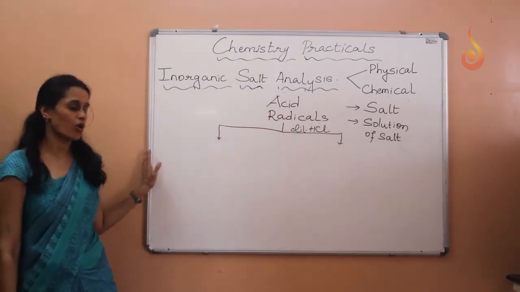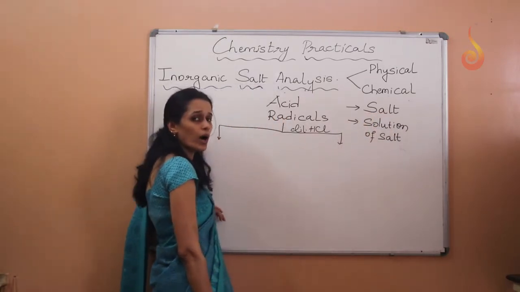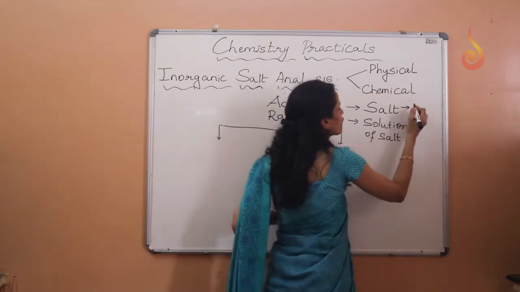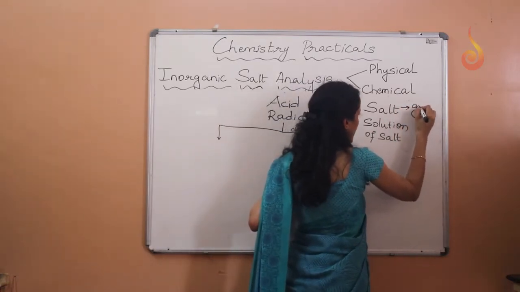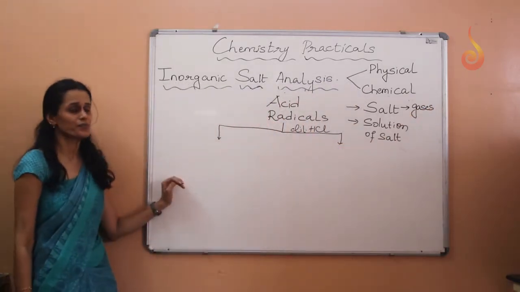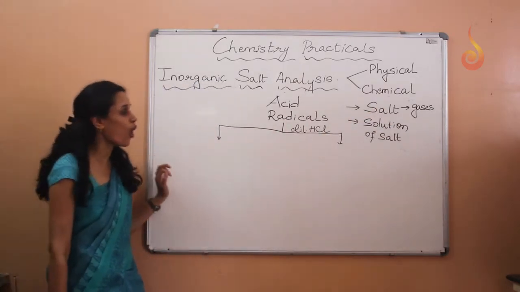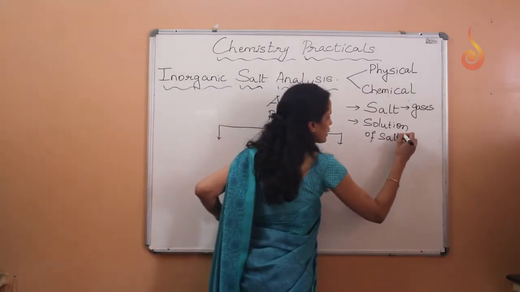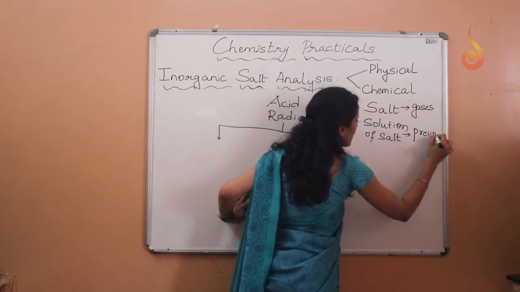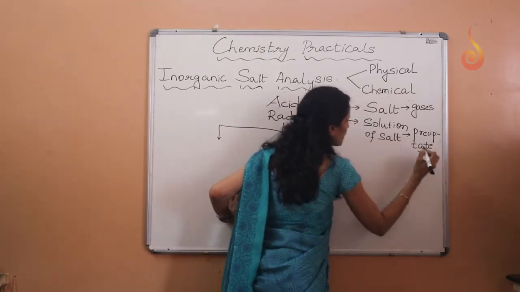Why? Suppose we are using the direct salt. It is because there is liberation of certain characteristic gases which we can observe very easily. So that time we use the direct salt. Suppose during the analysis we observe precipitate formation. What do you mean by precipitate?